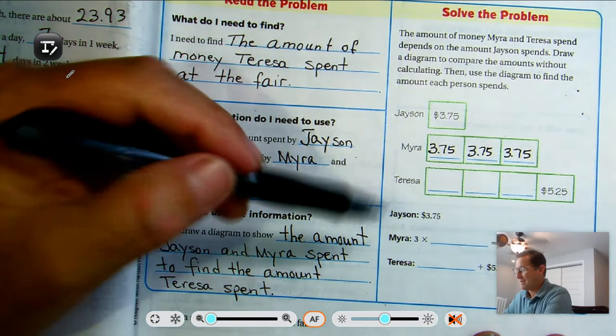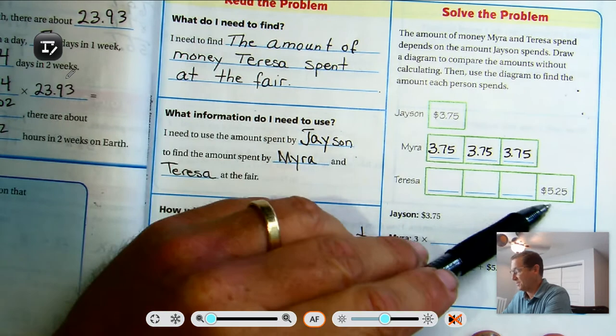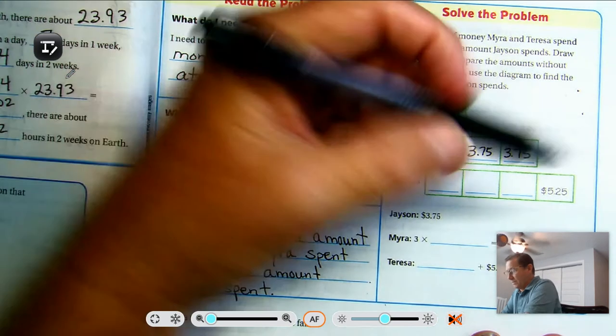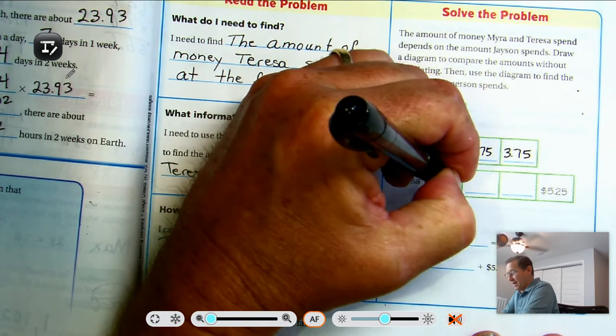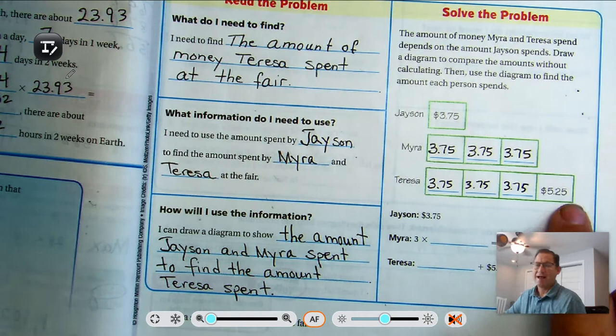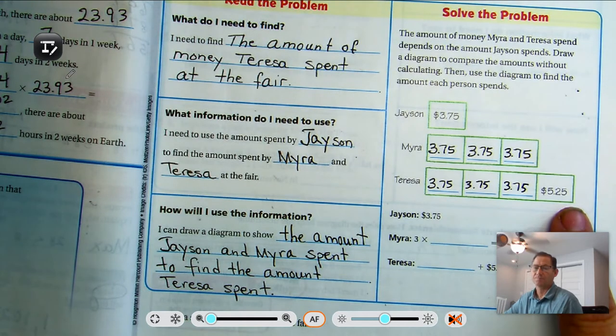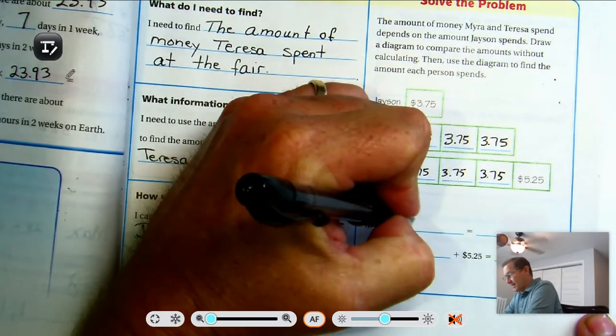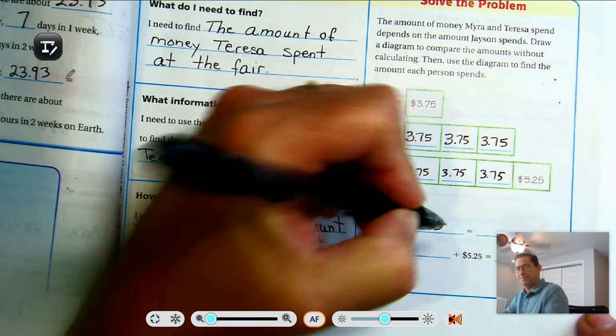Teresa spent the same as Myra, but she spent $5.25 more. So it still would be the 3.75 3 times, and then we would add an additional 5.25. All right, so Myra, hers was 3 times 3.75.